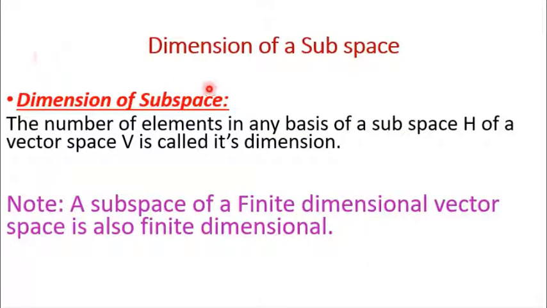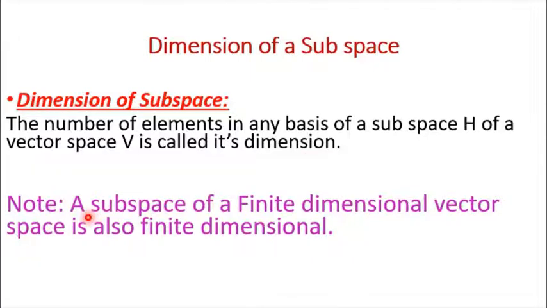Now let us see the dimension of a subspace. As we defined the dimension of a vector space, the same way it goes with the dimension of a subspace. The number of elements in any basis of a subspace H of a vector space V is called its dimension. So basically we can remember the dimension of either a vector space or a subspace as the number of elements in its basis.